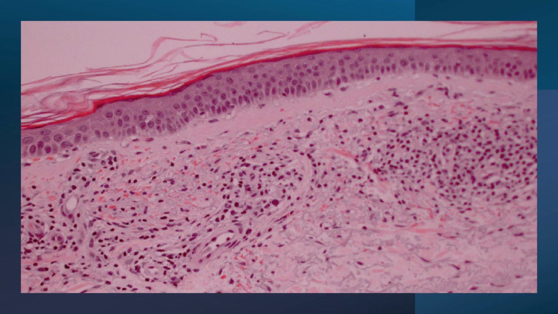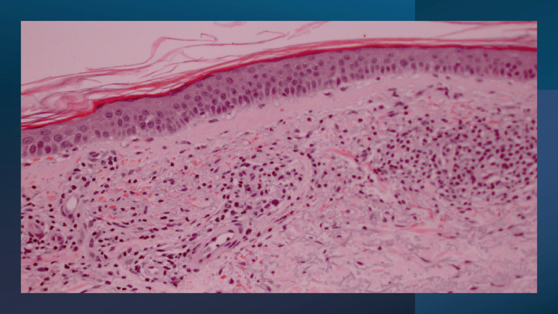The brown pigment represents hemosiderin, and these are called hemosiderin-laden macrophages. While hemosiderin-laden macrophages are a common feature in pigmented purpuric dermatosis, they are not necessary for the diagnosis.